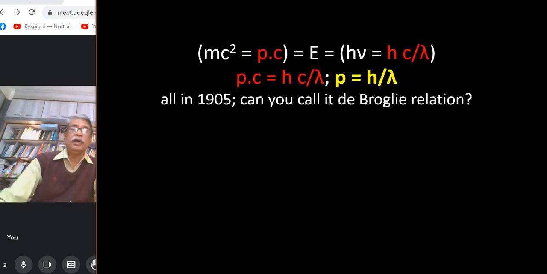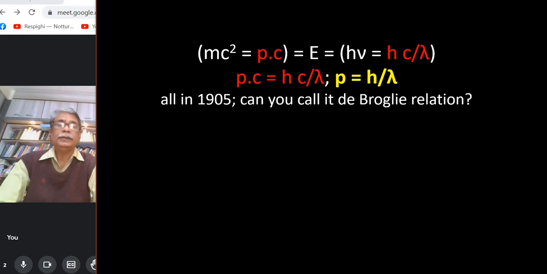Well, this is a very conceptual and sometimes misleading concept that we bear. Einstein, in his 1905 papers, published special relativity, where he used energy as mc squared, or p into c, where p is momentum.